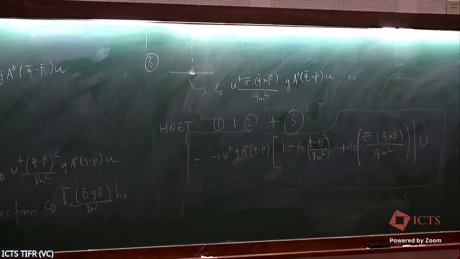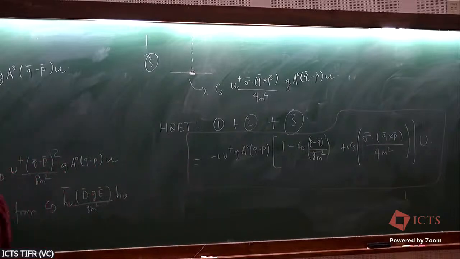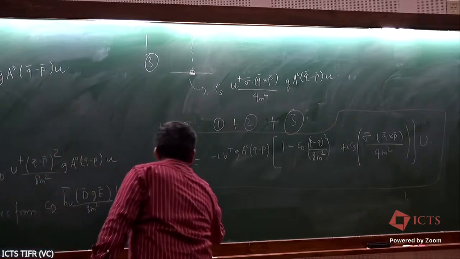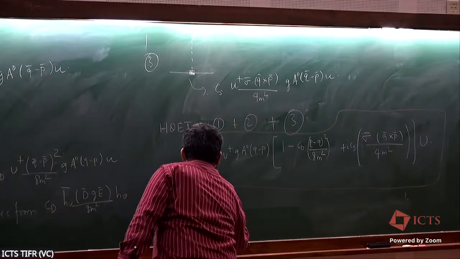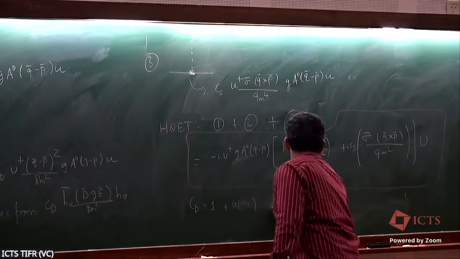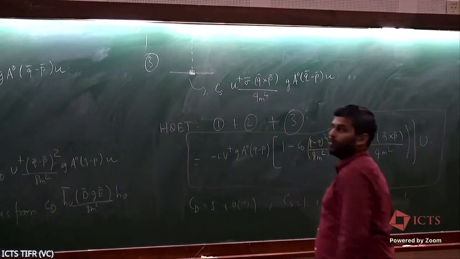Okay, you just compare one-to-one term. You immediately see some of the coefficients are 1 at tree level, which is what we are getting from the naive expansion also. And this immediately tells you that CD is 1 plus some higher order alpha S corrections from the loop. CS is also 1 plus order alpha S corrections.